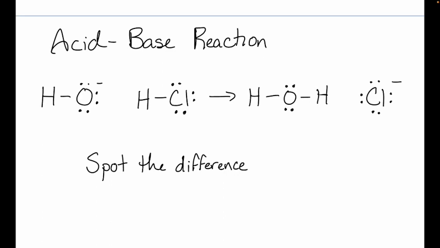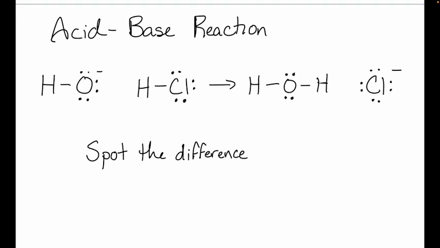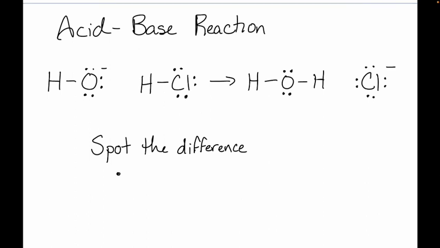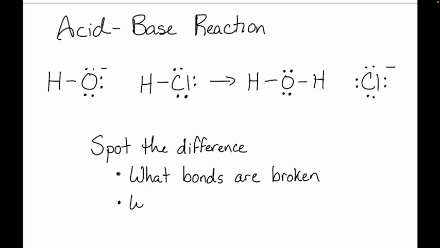All right, and specifically we want to look on both sides of this chemical equation. And what we want to look for is what bonds do we see are being broken in this reaction here, right? So what bonds are broken? As well as what new bonds are formed. Okay?